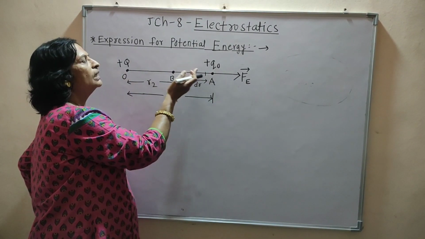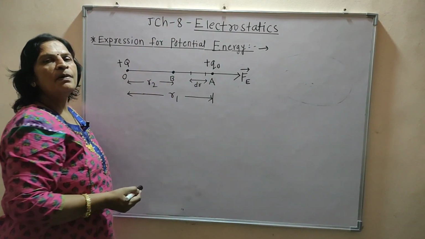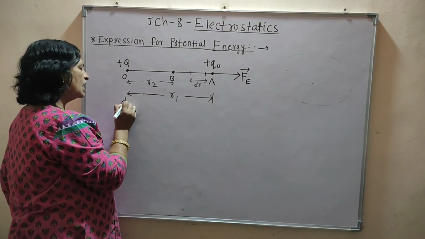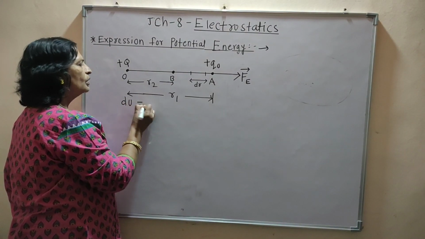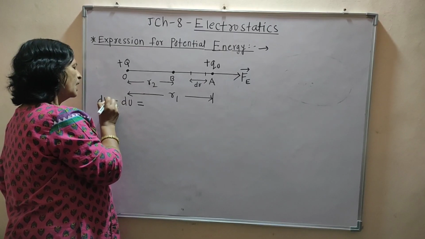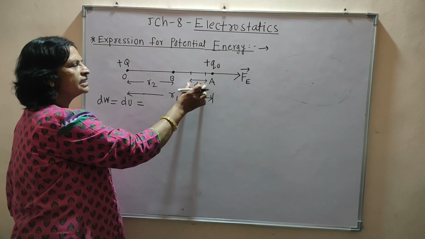The work done is stored in the form of potential energy. This change in potential energy, dU, is nothing but the work done, dW, and we displace this charge through a small distance dr.